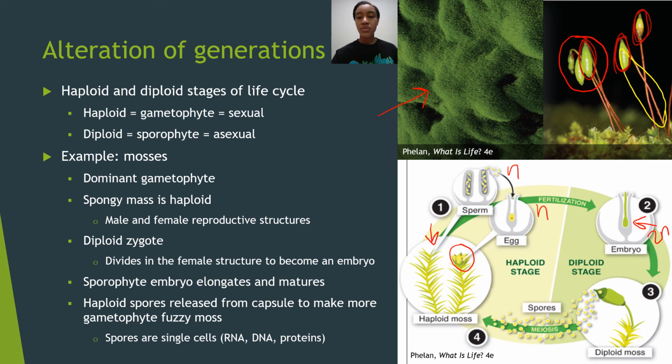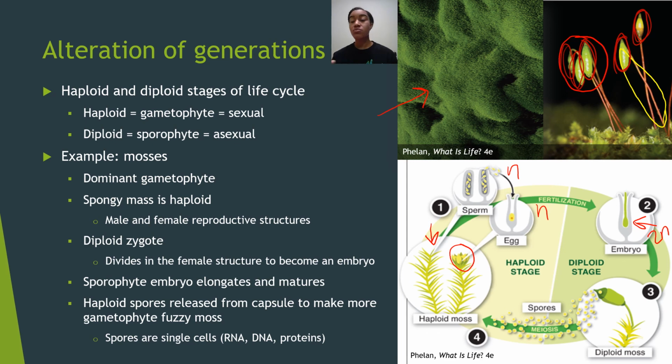This is all diploid. So these structures are diploid. The cells contained within are diploid. Those diploid cells within these capsules will undergo meiosis to form haploid spores. So now that capsule contains a whole bunch of spores that are all N, so they're all haploid.